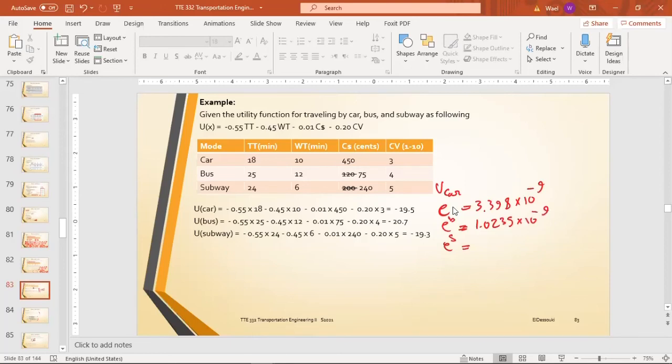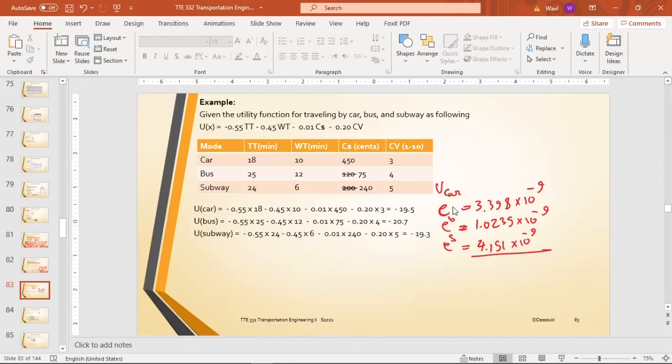The third one is going to be 19.3, so here it's 4.151 multiplied by 10 to the power minus 9.